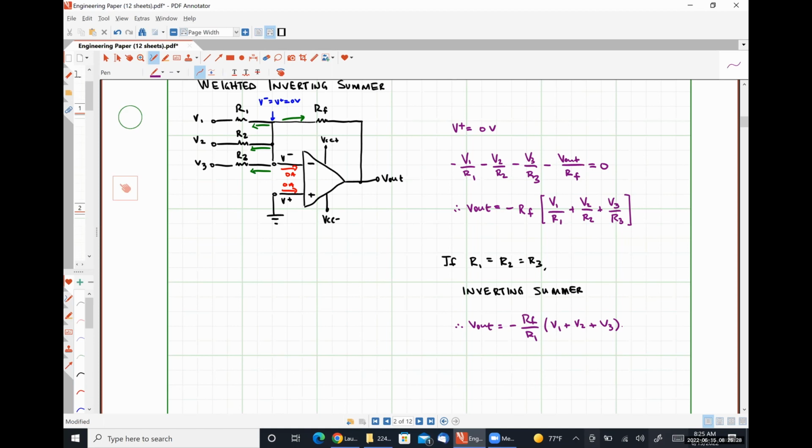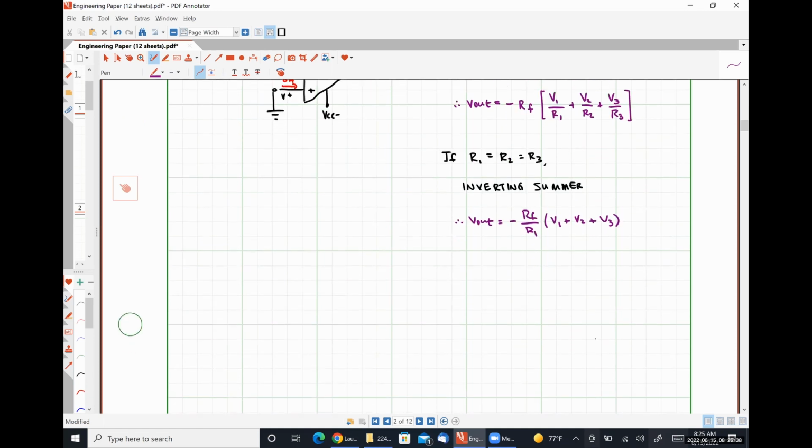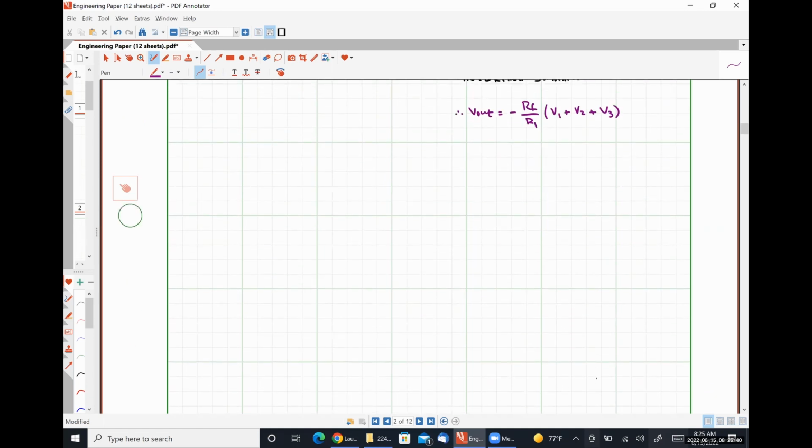It's actually much easier to implement and design using 2 stages than it would be for a single stage. So we're not going to really address that particular circuit.